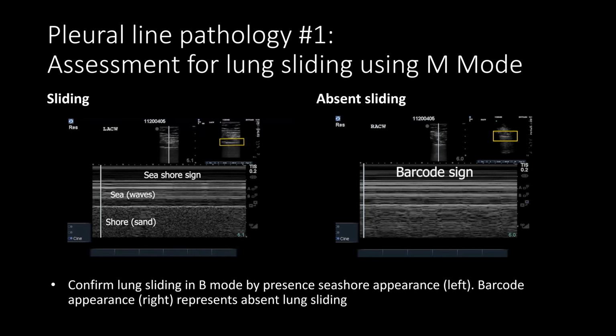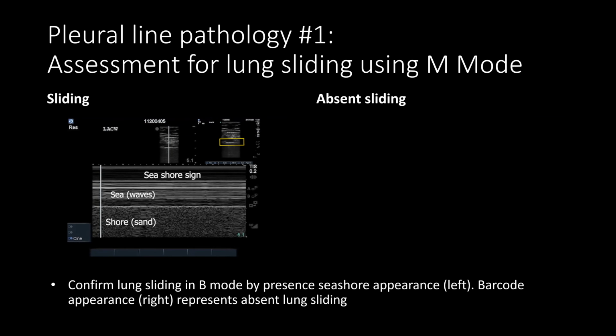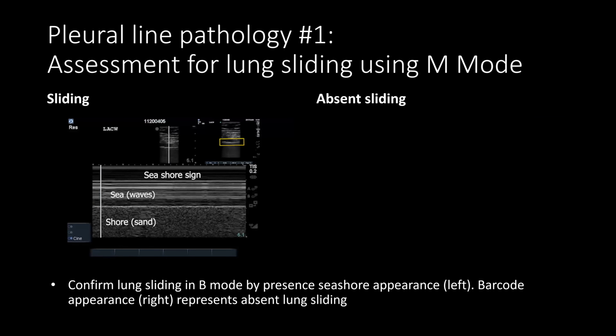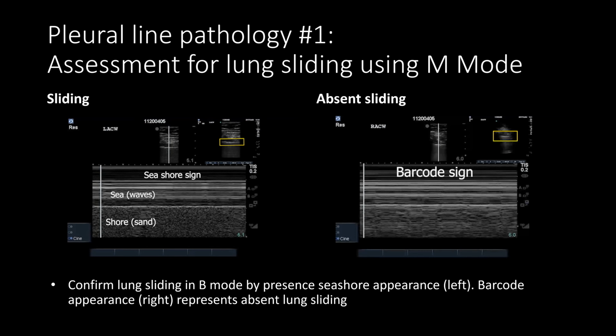Looking at the video on the left-hand side, we see what we call the seashore sign. At the top of the image, we see what looks like waves, and we call that the sea. At the bottom, we see a grainy appearance, and we call that the sand, and hence it looks like a seashore.